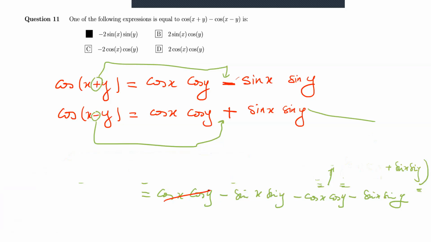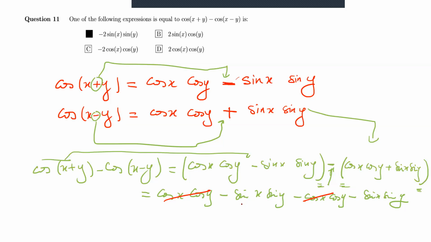Cosine x cosine y minus cosine x cosine y cancel, and the sine terms give minus 2 sine x sine y, the correct answer.